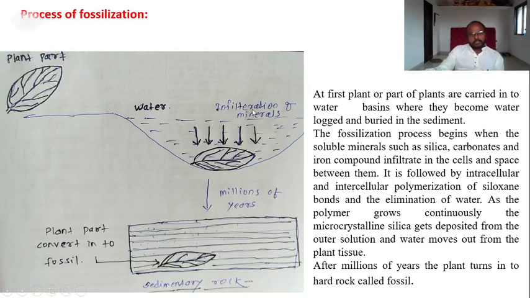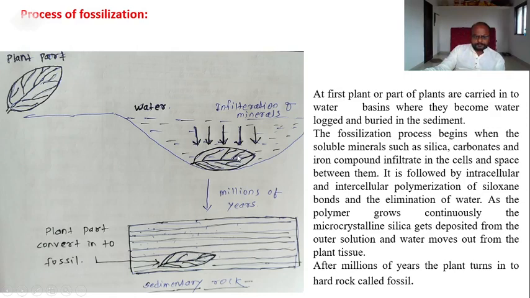Again and again the sedimentary particles are deposited inside the tissue as well as on the plant part, and after millions of years the whole plant is turned into hard rock, and this hard rock is called a fossil.